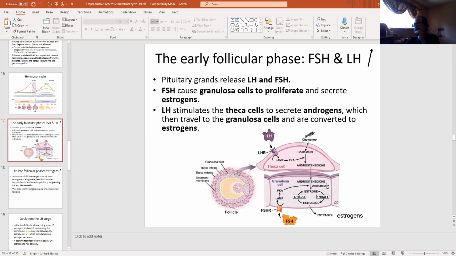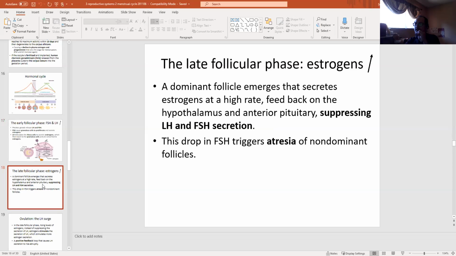Aromatase is an important enzyme to convert androstenedione to form estradiol. And then we have this female sex hormone, the estrogen. So that's that, and everything is growing.